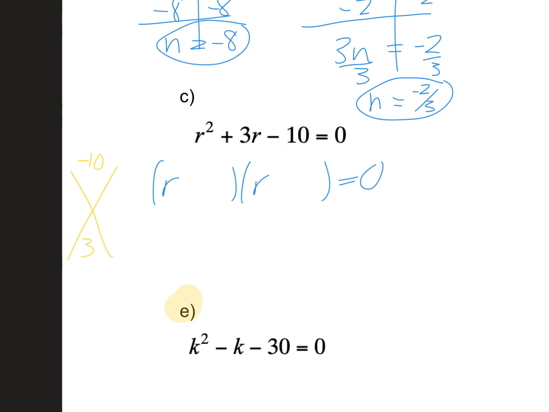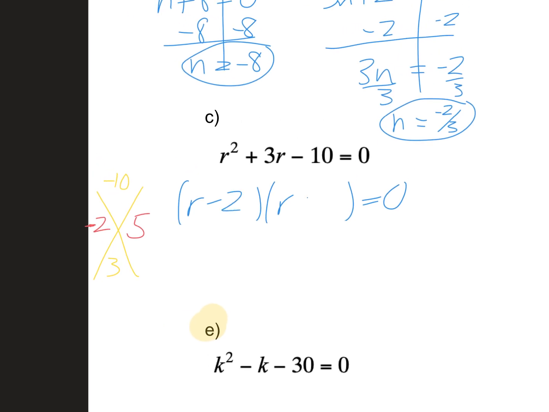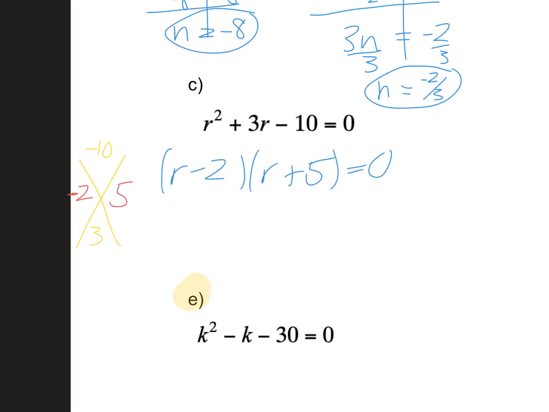And notice I can just put my c value for the product since my a value is 1. So two numbers that multiply to -10 and add to 3, we're going to need a positive and a negative because our product is negative. So one of these numbers is negative. After some guess and check, you should be able to see that +5 and -2 are the numbers that we are after. Those add to 3 and multiply to -10. So we'll have r minus 2 as a factor and r plus 5 as a factor.